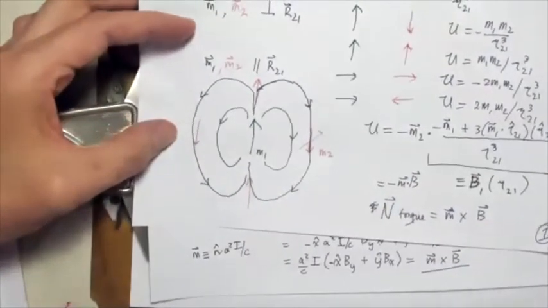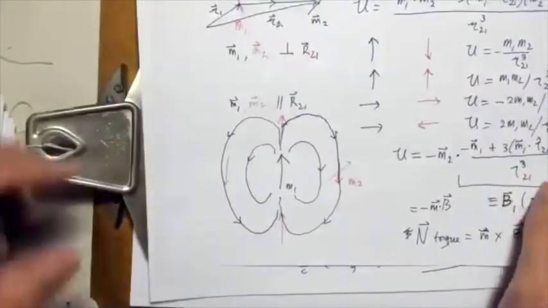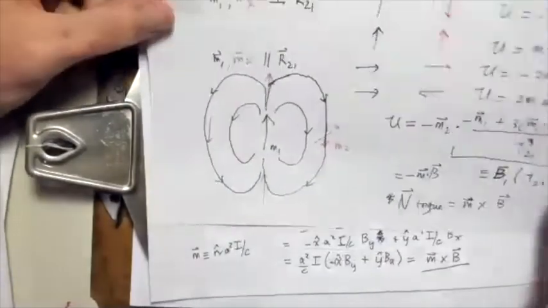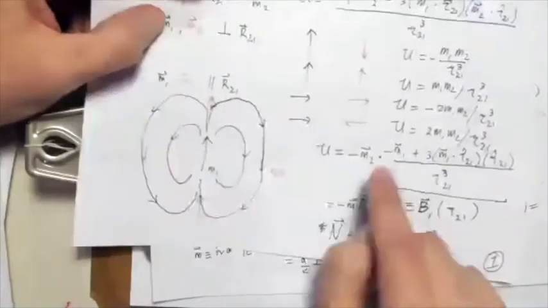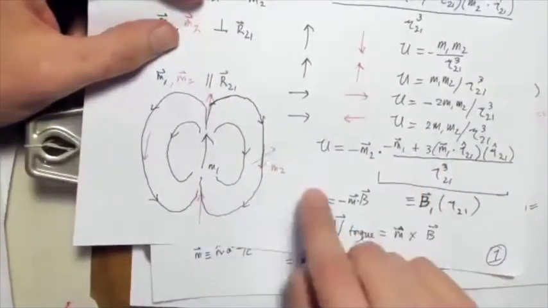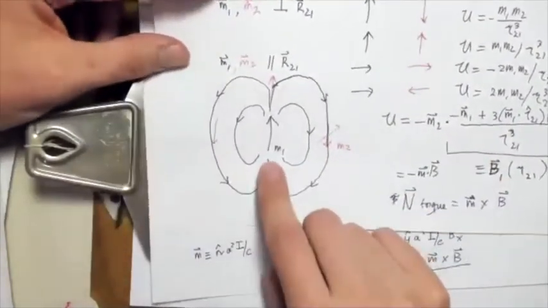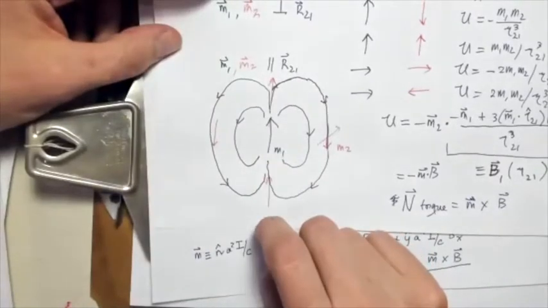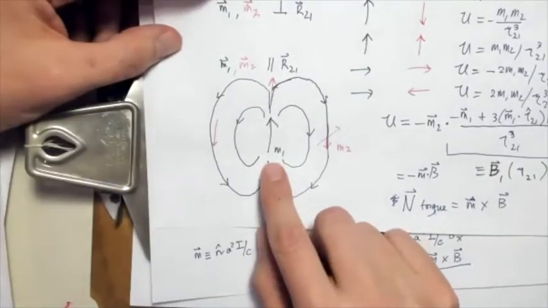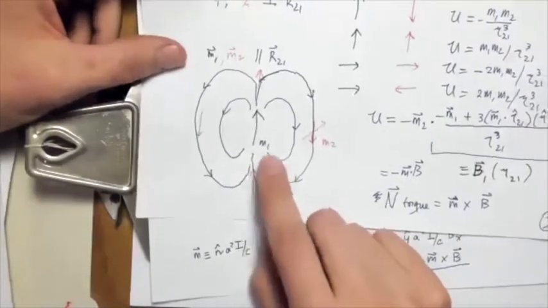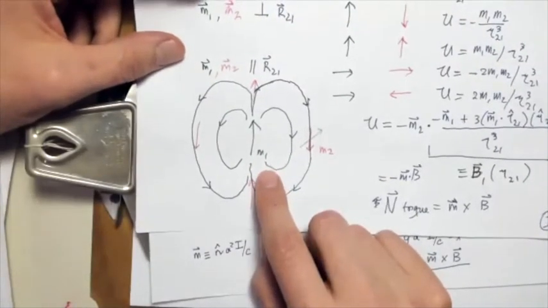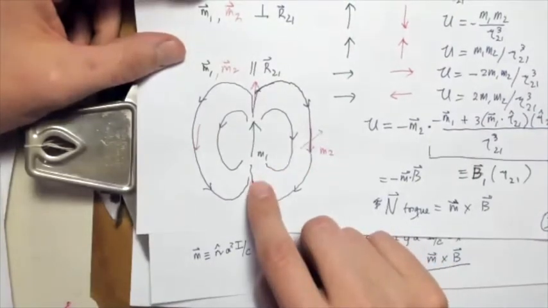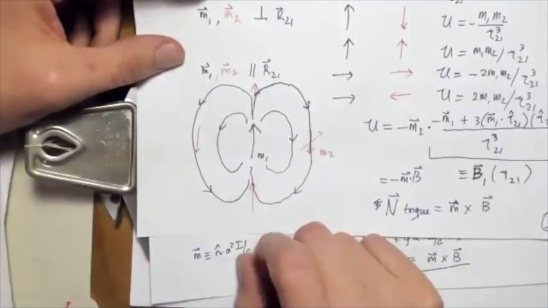There are basically 3 ways to do this. One is to just take a bunch of these dipoles, figure out what all their fields are, and then just add them all together. That's the one that relies on the superposition principle. The second one is to use Biot-Savart's law, which we will get to in a second. And the third one is to use Ampere's law.